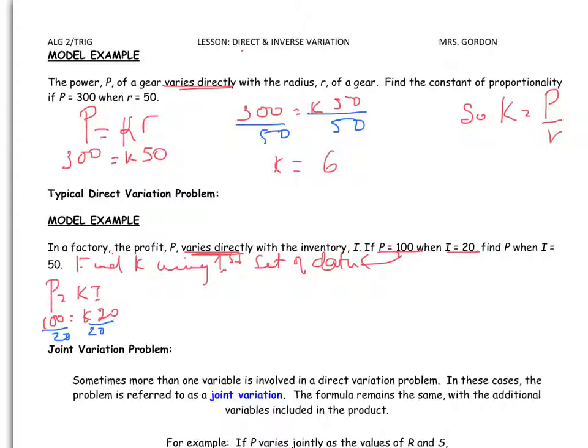In this case, k happens to be equal to 5. Now they want us to find P when I is 50. So now we know what k is, so it's simply substitution. Let's write our equation. P is equal to k times I, where k is 5 and I is 50, so P has to be 250. Not bad, right? Awesome.